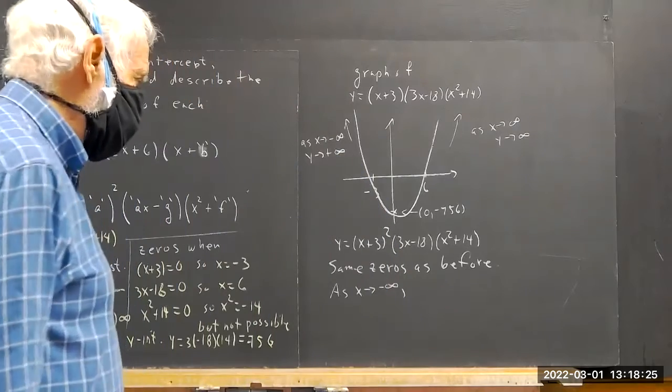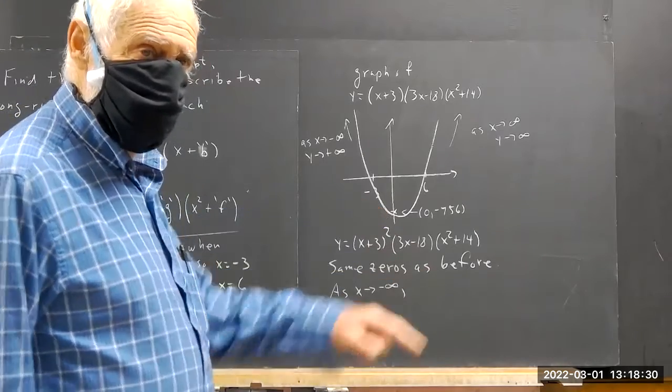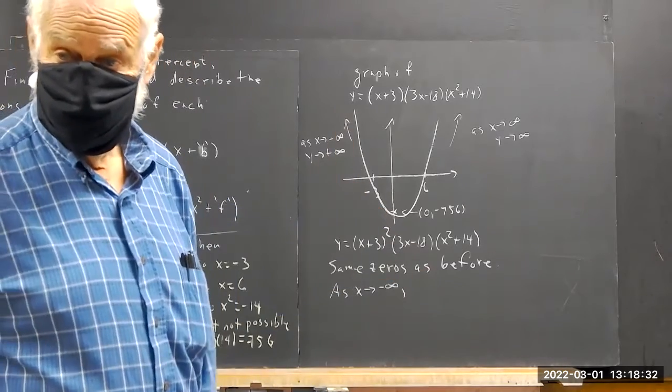As x goes to negative infinity, x plus 3 squared is now positive, right?